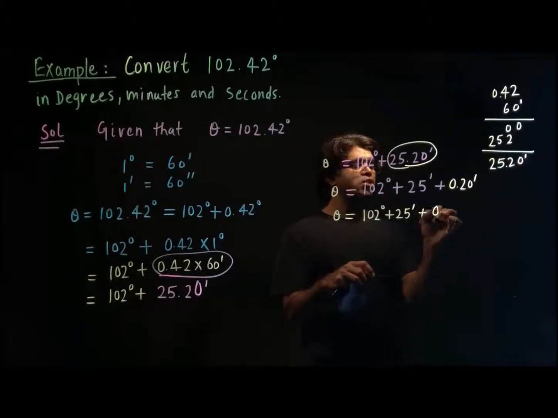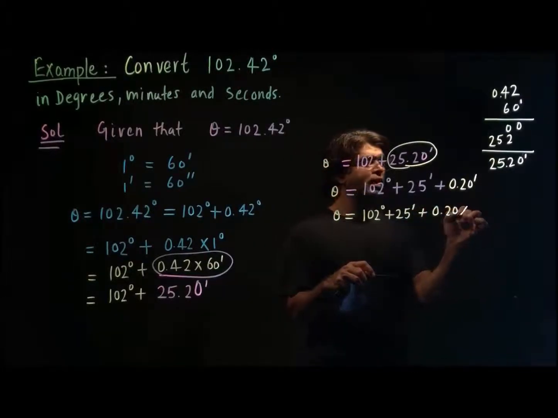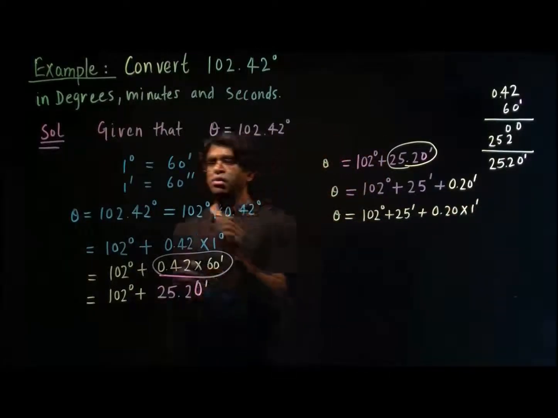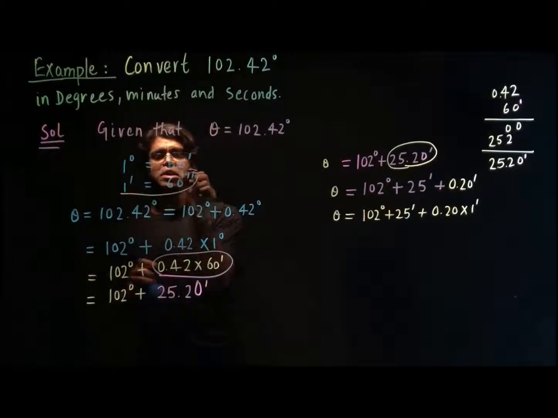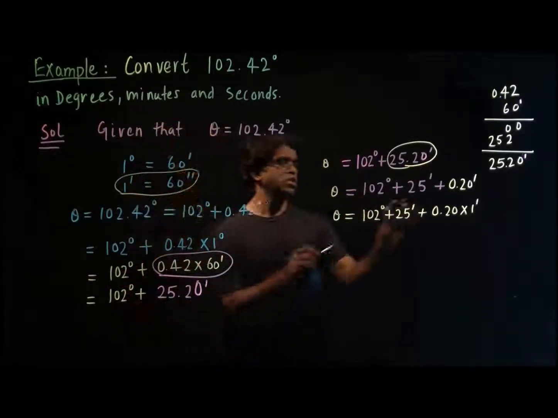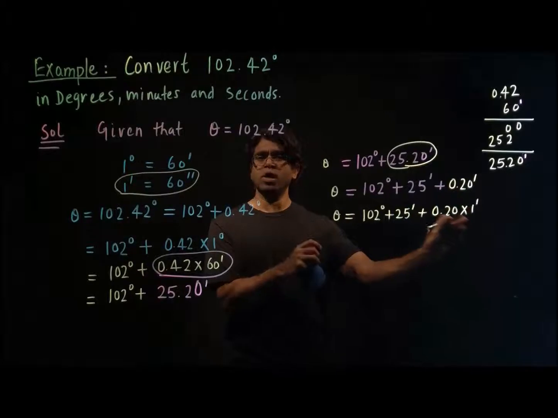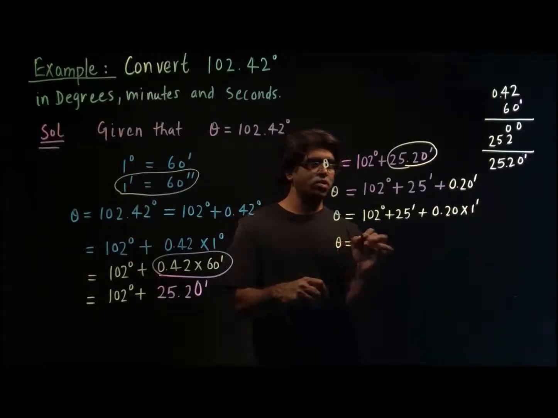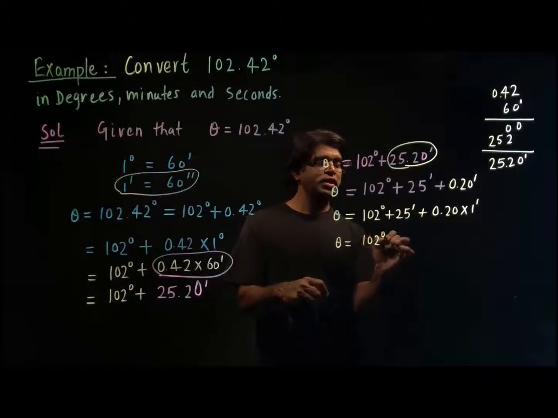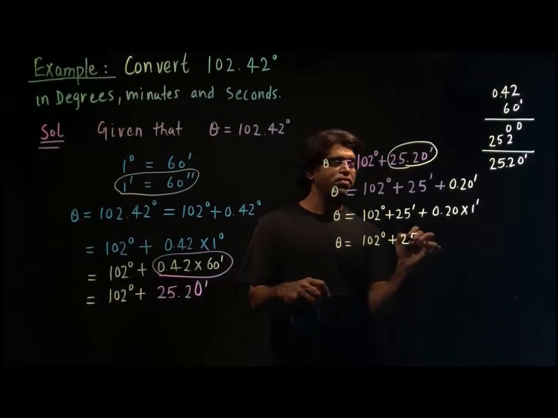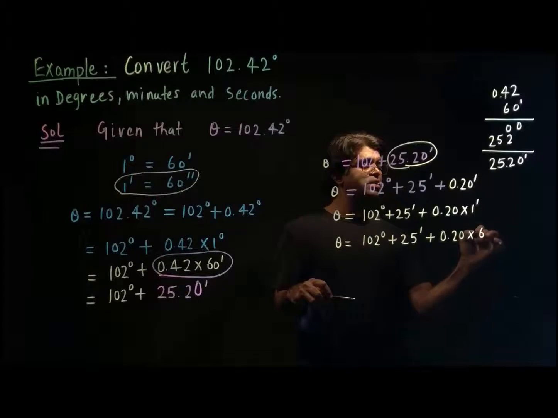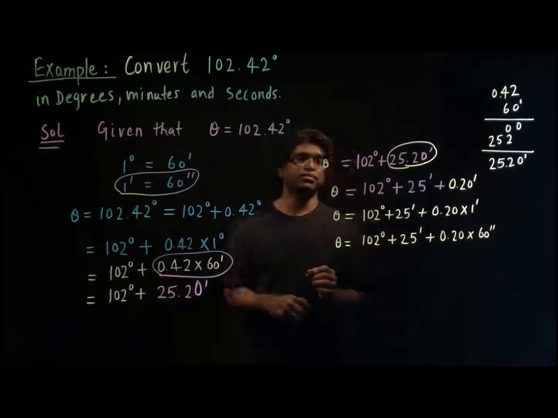0.20 times 1 minute. And look at this, 1 minute is equal to 60 seconds. So I'm going to substitute this 1 minute by 60 seconds. So I will write theta is equal to 102 degrees plus 25 minutes plus 0.20 times 60 seconds.